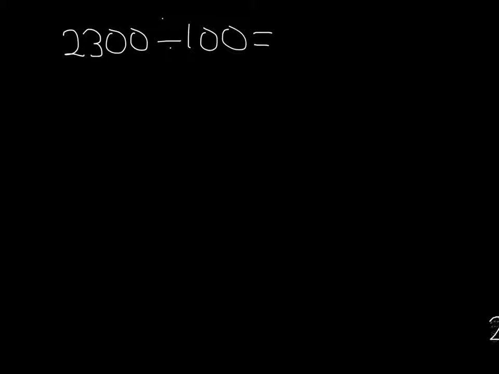So here we go with 2,300 divided by 100. Okay, so once again, I'm going to go ahead and draw my place value circles. And so I have 2,000s. And then I have 300s.